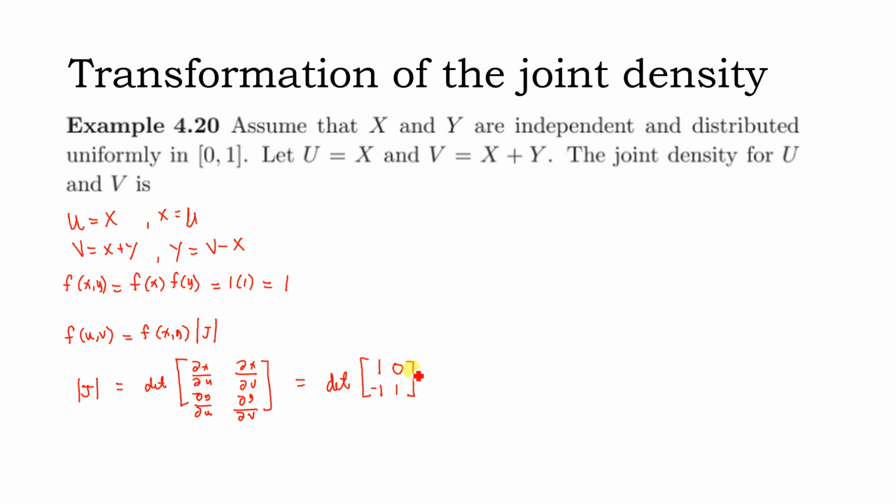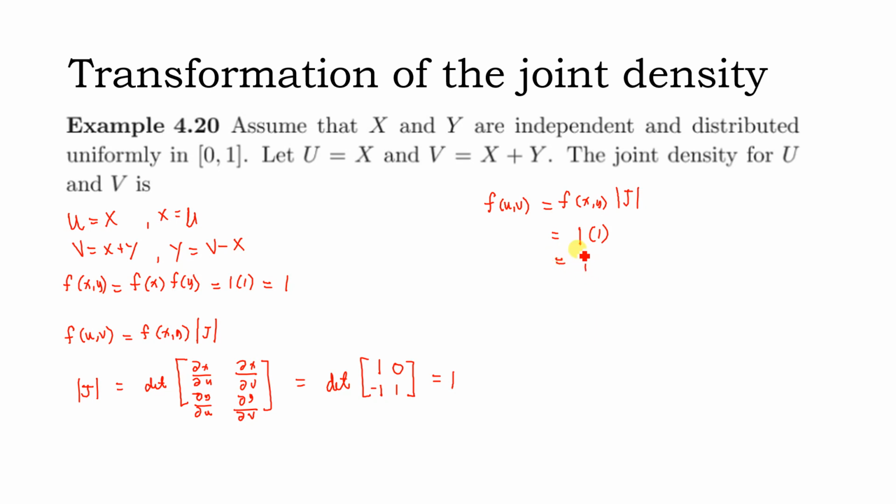If we get the determinant of this, it is equal to 1. Therefore, going back here, f of u, v is equal to the function of xy times the Jacobian, which is 1 times 1, in other words, equal to 1.